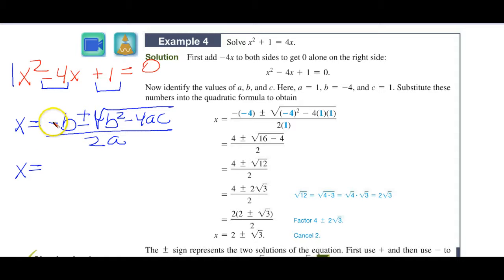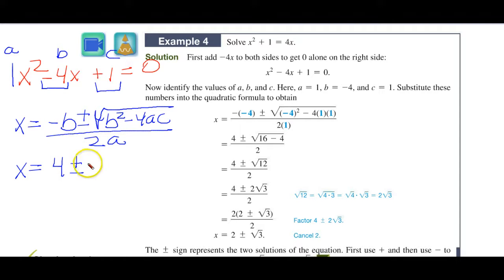now our b term we said, let me just write it up here, a, b, and c. Our b term is a -4. So if we put a -4 there, we have the opposite of a -4, makes this a +4.